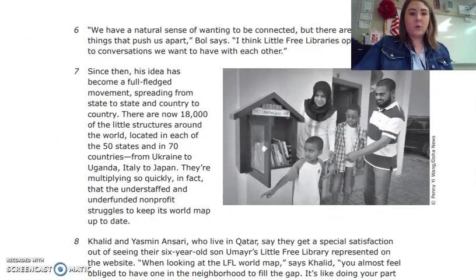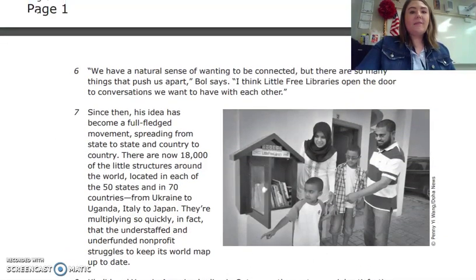So we'll go ahead and scroll up. We have a natural sense of wanting to be connected, but there's so many things that push us apart. I think Little Free Libraries open the door to conversations we want to have with each other.